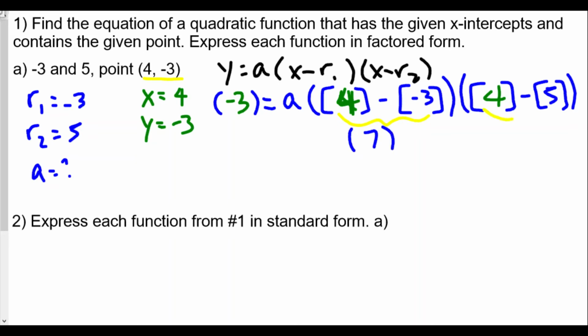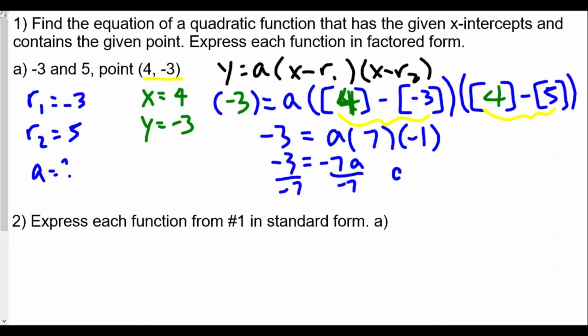And 4 minus 5 is equal to -1. And a is still multiplying these two. So now we have -3 is equal to -7a. We'll divide both sides by -7, and a is equal to 3/7.